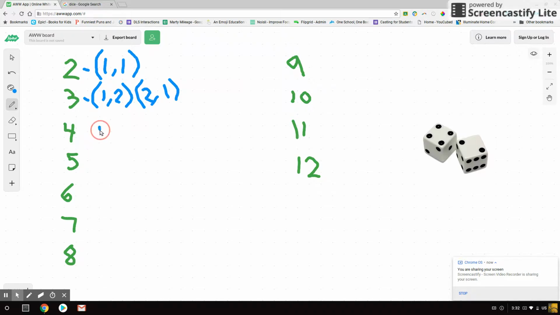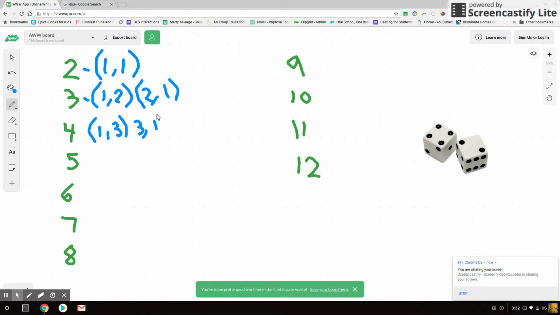I could roll 1 on the first die and 3 on the second die, I could roll 3 on the first die and 1 on the second die, or I could roll a 2 on both dice. So I have 3 opportunities to roll a 4: a 1 and a 3, a 3 and a 1, or a 2 and another 2.